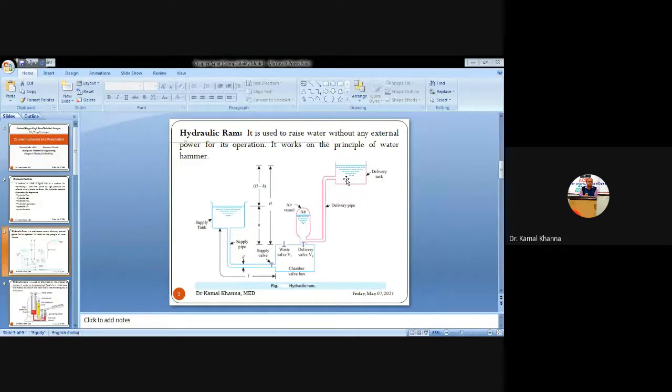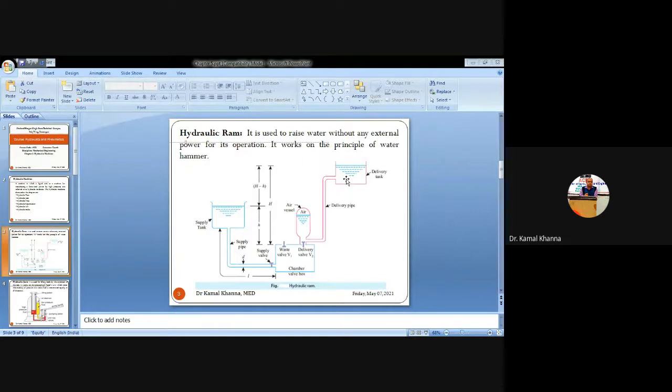You can see here in the air vessel, high pressurized air or compressed air is filled, and due to the pressure of that compressed air, it will apply pressure on the water which has entered the air vessel, and at that point the delivery valve will close. When the delivery valve closes, the momentum of the water will be destroyed, and it will apply pressure on the water.